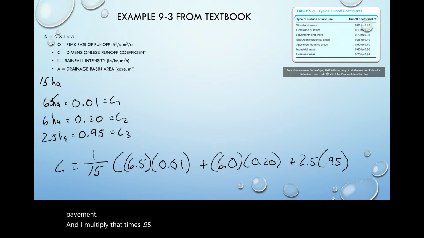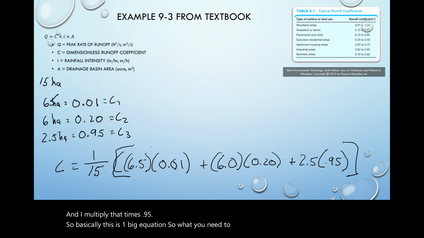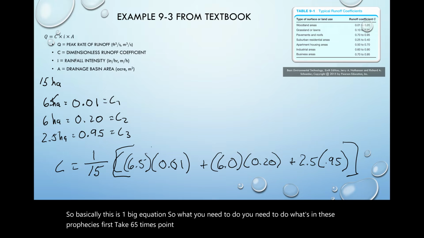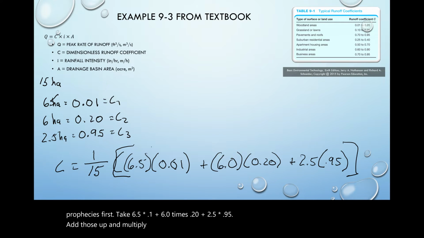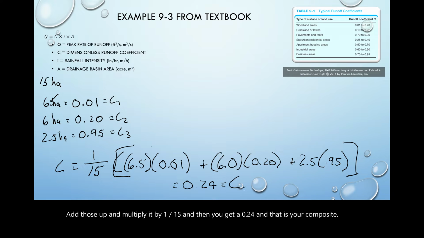Okay, so basically this is one big equation. What you need to do is what's in these parentheses first. Take 6.5 times 0.01 plus 6.0 times 0.20 plus 2.5 times 0.95. Add those up and multiply it by 1 over 15, and then you get 0.24, and that is your composite coefficient, C composite.